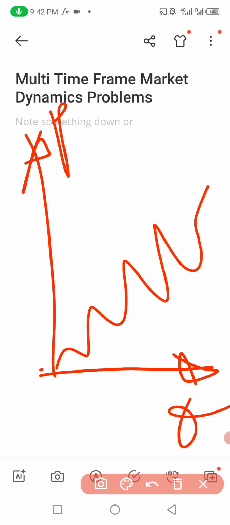So the only way to make it in the market is when different time frames show the same direction. You have to be careful with your entries. Don't just enter the market because you are looking at one time frame. Study many time frames and see if they are saying the same thing.